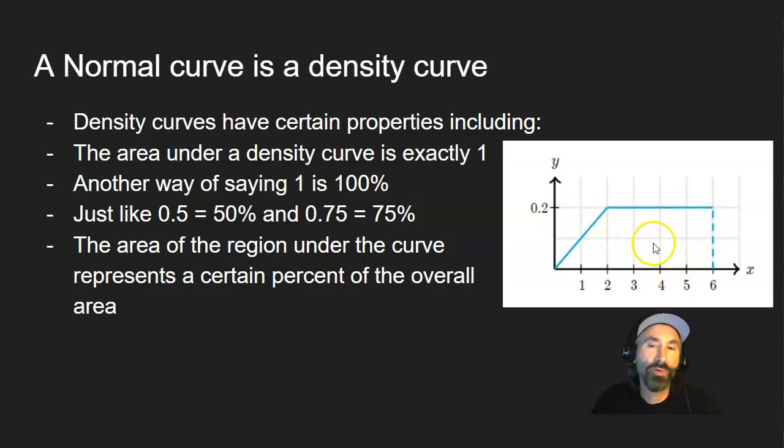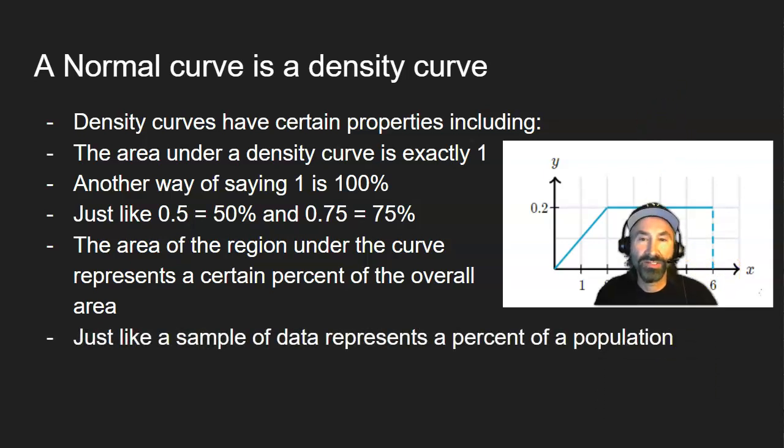One quick way I would do it with these blocks is I would say, well, there's 1, 2, 3, 4, 5, 6, 7, 8 blocks there, 9 blocks there, and then these two are half a block, so I'd say 10 blocks all total. And if I'm looking at the blocks where x is greater than 4, there's 4 of them, so I would say that 40% of my data in this density curve has an x value that's greater than 4.